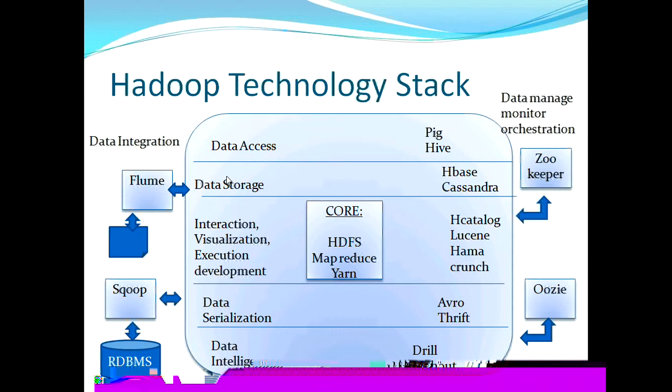Data management and monitoring orchestration will be done by Zookeeper and Oozie. Zookeeper is a very good environment. It has a leader and volunteers, and they help us to manage the data properly in the Hadoop system.